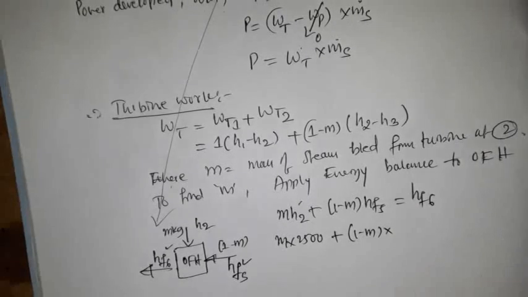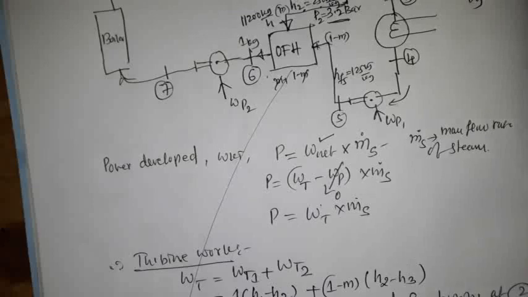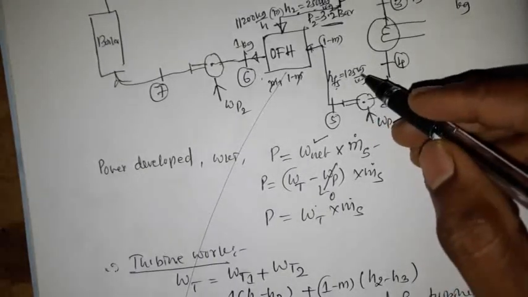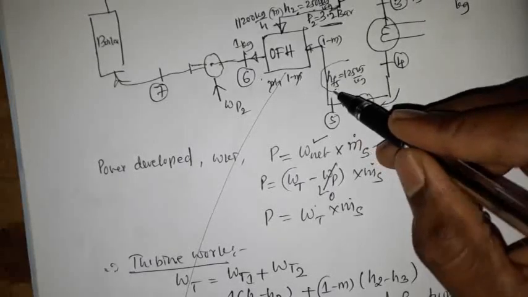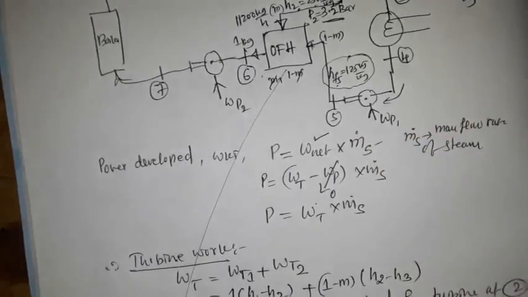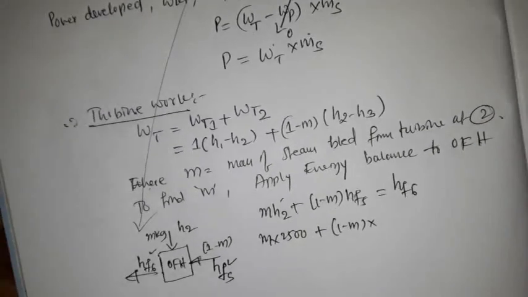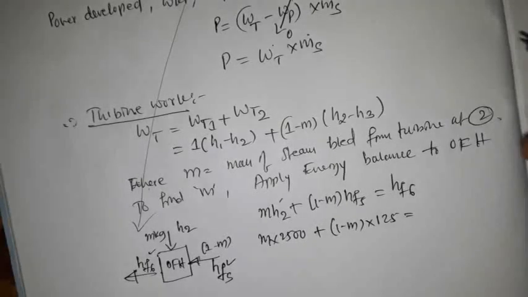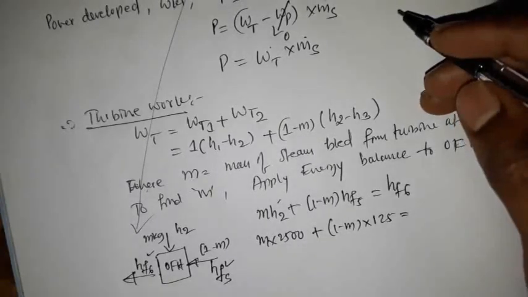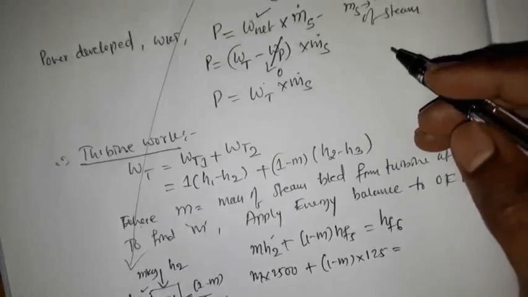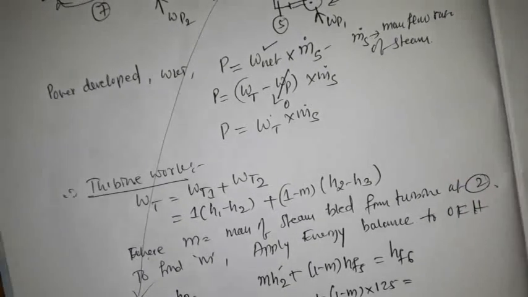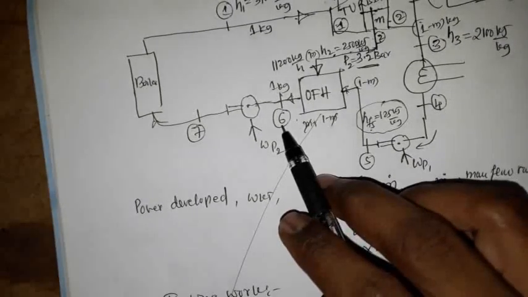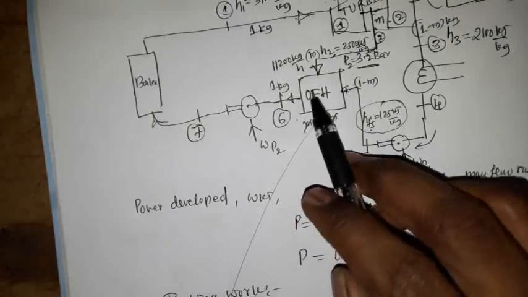HF5 is the enthalpy at state 5, which is also given in the given data, as 125 kilojoule per kg. So let us substitute the same value in the equation, which is equal to HF6, that is enthalpy at state 6.